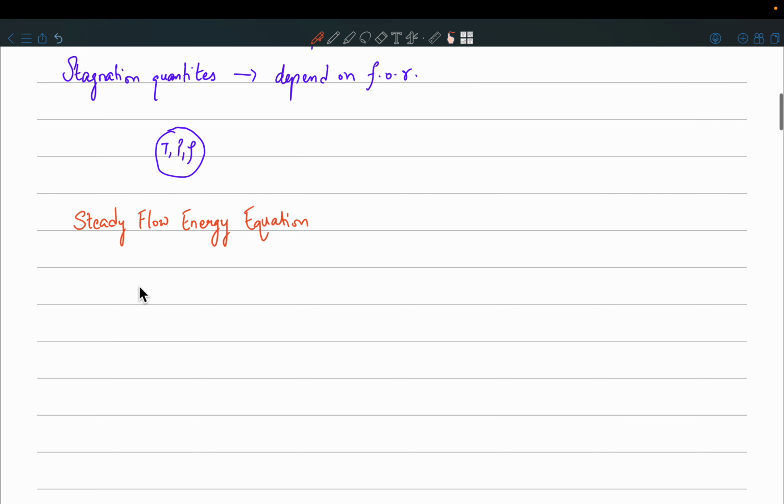Okay, so what you have given me is u square by 2 plus h, which is the enthalpy, plus potential. We will ignore potential right now.